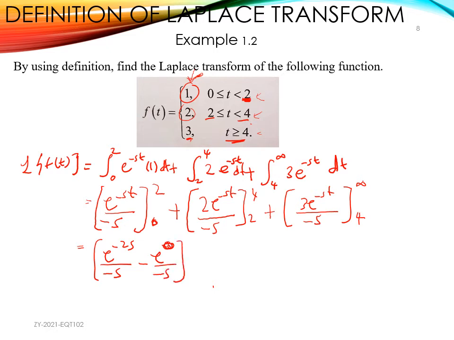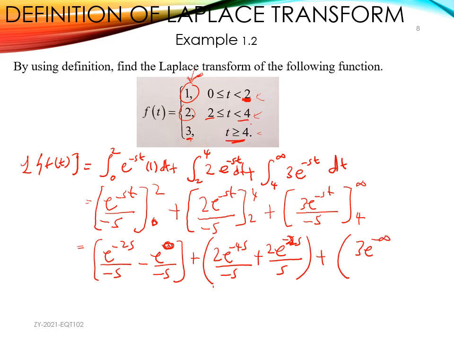The first term, plus 2 exponent negative 4s divided by negative s, minus the negative 2s term divided by negative s, and then plus 3 exponent negative infinity divided by negative s, minus 3 exponent negative 4s divided by negative s. So we need to simplify this.